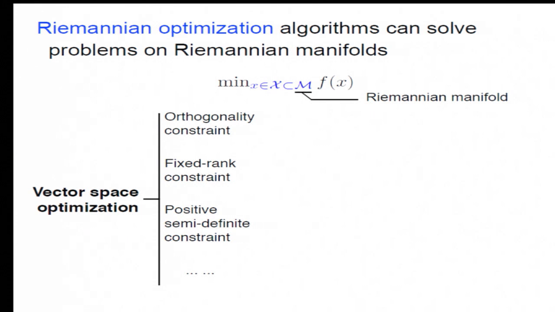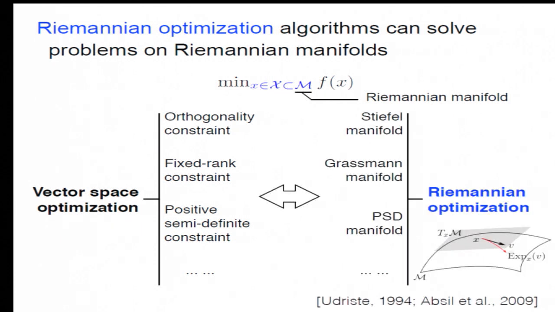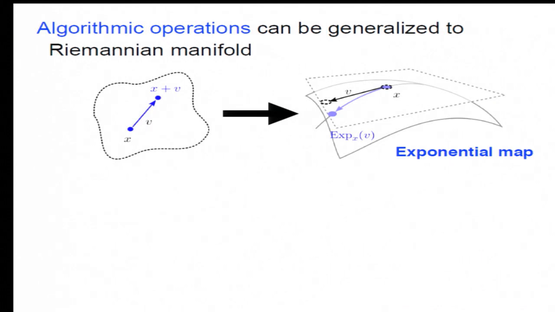Remarkably, if we consider their specific geometry, these problems can be viewed as unconstrained problems on Riemannian manifolds. So Riemannian optimization gives us a unified view for these problems, and sometimes it can reveal hidden properties such as convexity as well as symmetry.